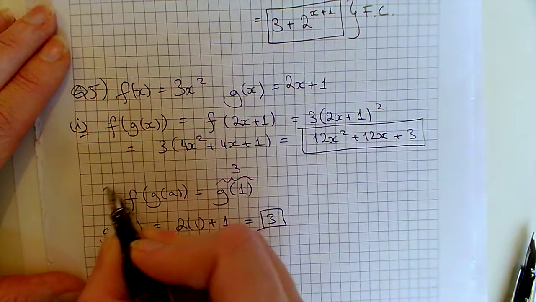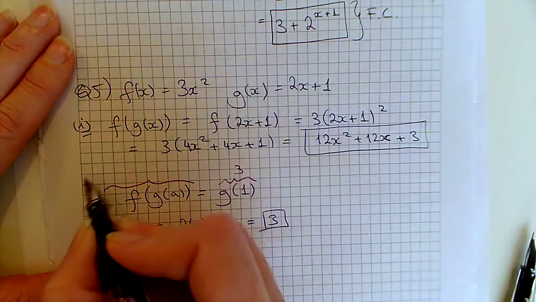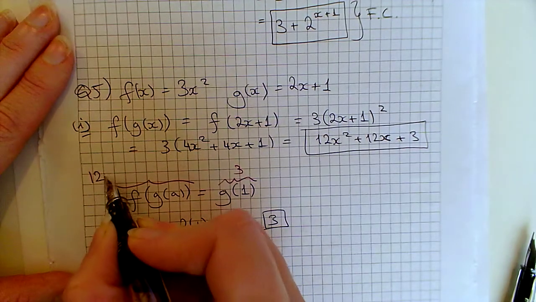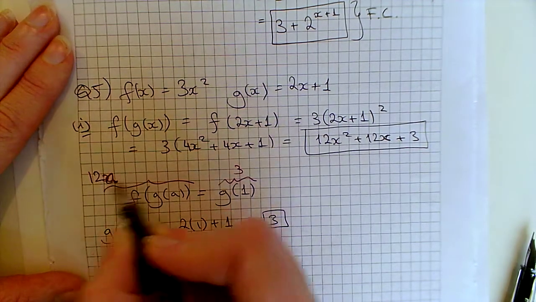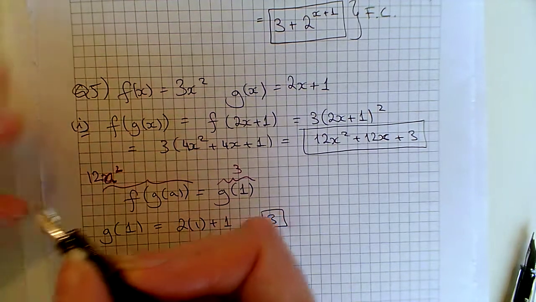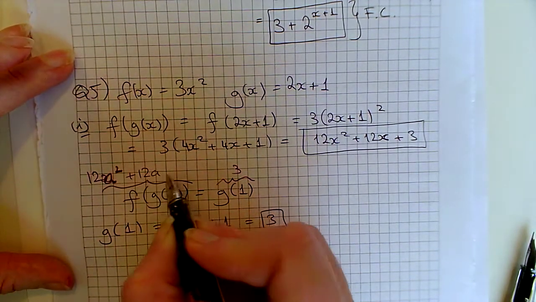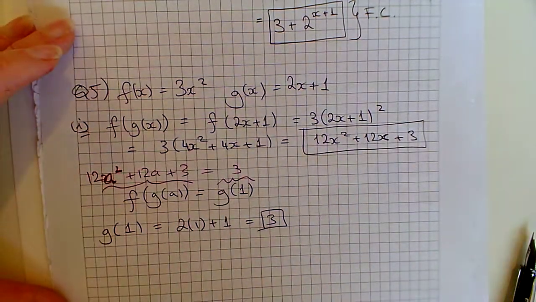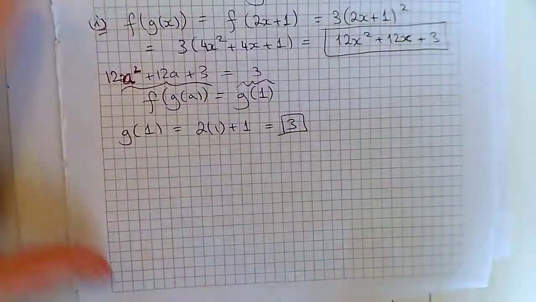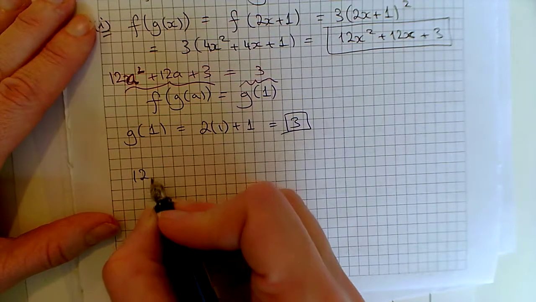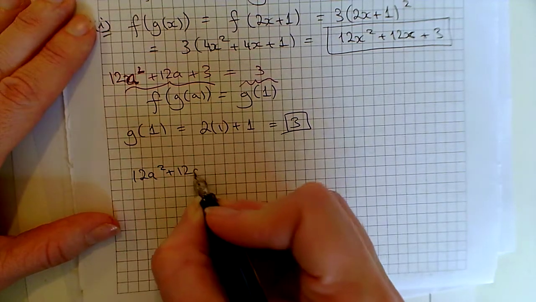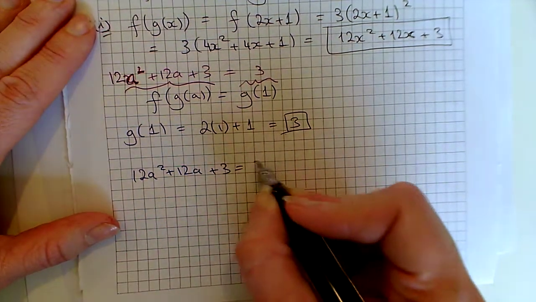And this is that formula up there, but use a instead of x. And you know what, if you wanted to keep using x and just solve it, you actually should get full marks for that. So 12a squared plus 12a plus 3 equal to 3 is what we're actually solving here.